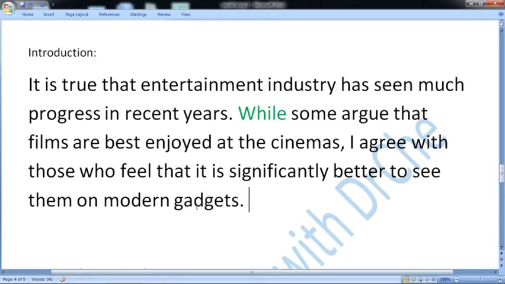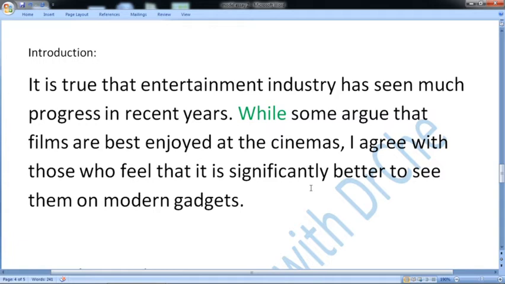Instead of using "on mobile phones and tablets", I have used "on modern gadgets". That would be a very good alternative. Significantly better, I have changed it to significantly better.